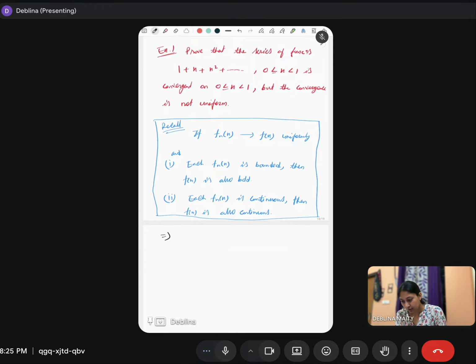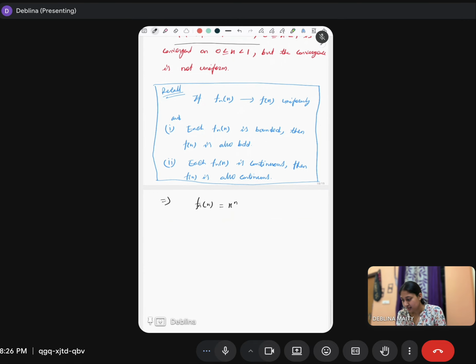So this is a series of functions, because each term is not a number. Each term is a function, x squared, x to the power n, right? So u_n(x), each of these functions, is x to the power n. So what is S_n(x)? The nth partial sum is 1 plus x plus up to x to the power n, right?